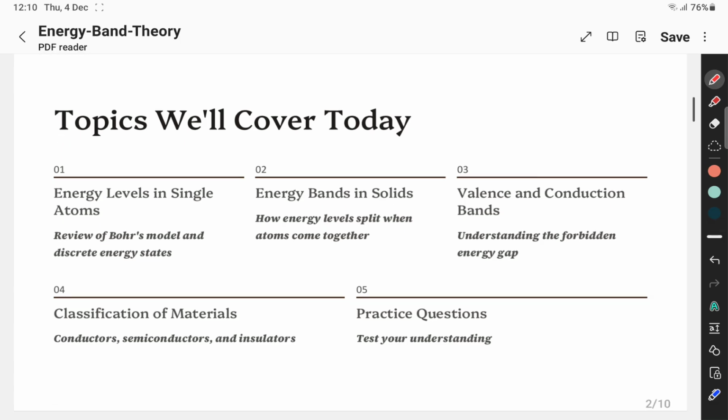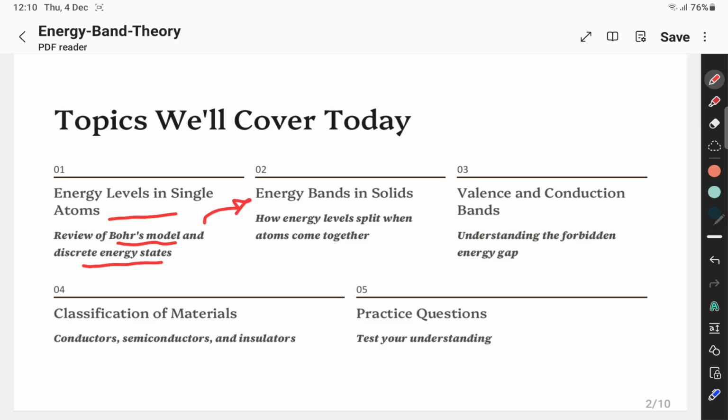So in this video we'll cover topics like what is an energy level. We'll start with the energy levels in a single atom as reviewed by Bohr's model. We'll remember how the discrete energy levels were, and by that we'll connect to the energy bands.